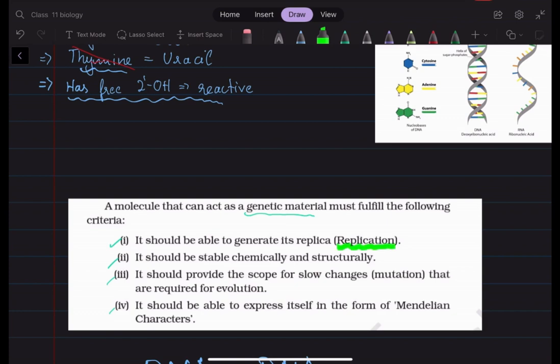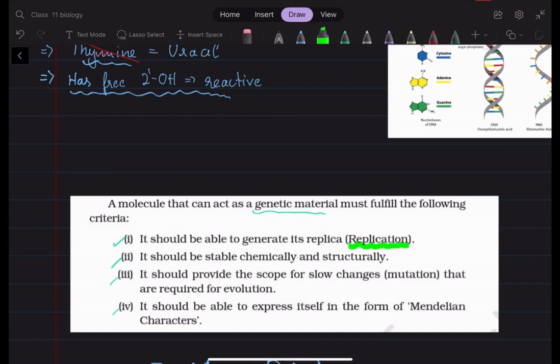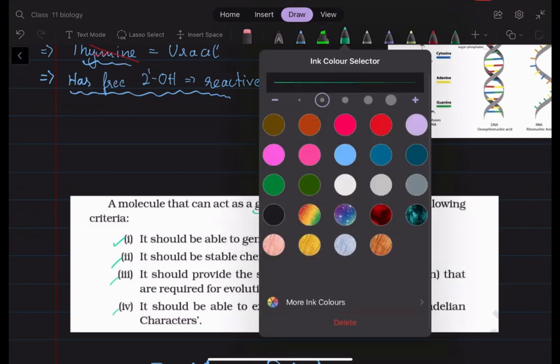Obviously, genetic material should be able to replicate itself so that reproduction goes on and the organisms being formed have the same characteristics as the previous organisms. And it should be chemically stable and structurally too.